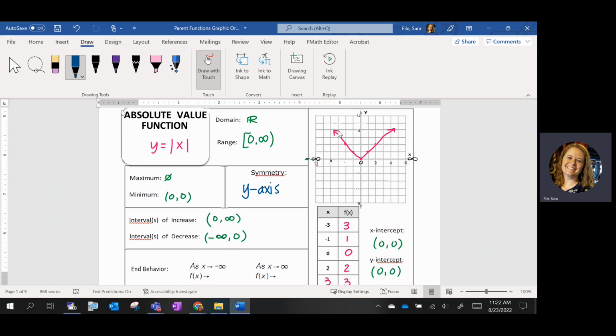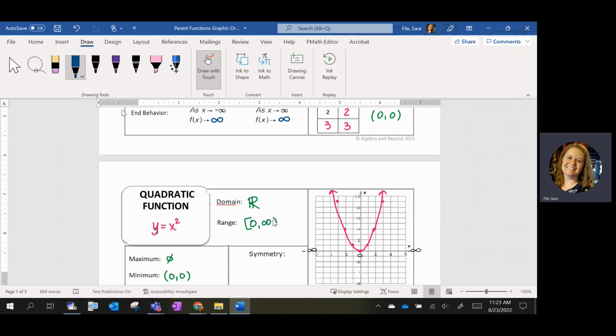End behavior: as x approaches negative infinity, as the graph goes to the left, what's f of x going toward? Positive infinity, good. So here's one where those don't match. That one was negative, this one's positive. So the left side is rising. As x approaches infinity, what's f of x approaching? Also positive infinity. So both the left and the right are rising. Both ends are going up.